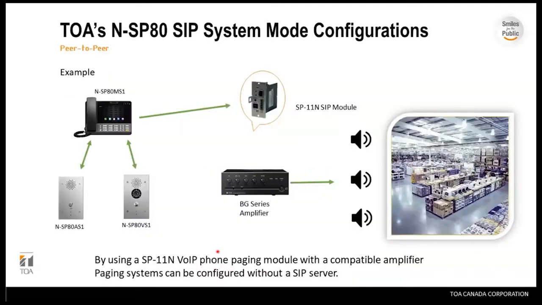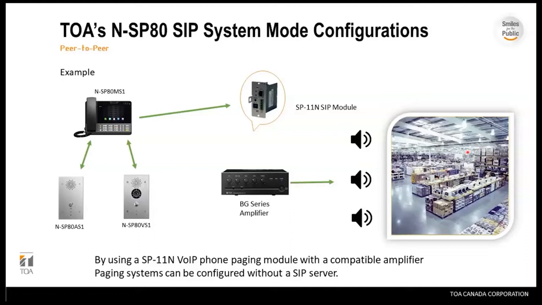Another example of peer-to-peer communication via a switch. We have a master. We have direct connection to an audio substation, a video substation. We also have our SP80 SIP paging module to the right here, which will plug into any of our modular amplifiers, in this application a BG series amplifier to overhead speakers in, let's say, a warehousing part. So you get offices, maybe an entrance security, then you have a warehousing section.